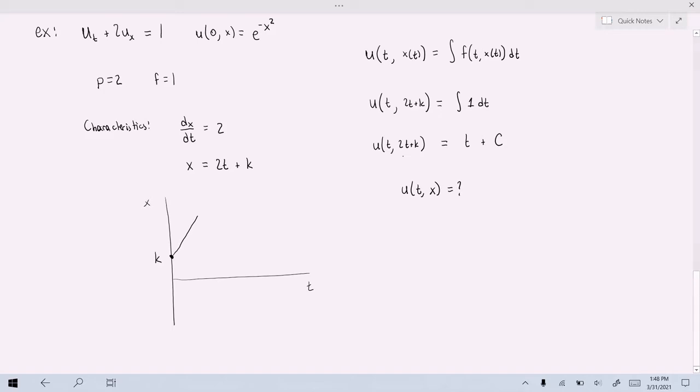All right. So to do that, it'll work similar to what we did in the previous example. So here in the picture, let's suppose I have a particular point (t, x) in the plane. And then here I'm looking at the characteristic that passes through that particular point.